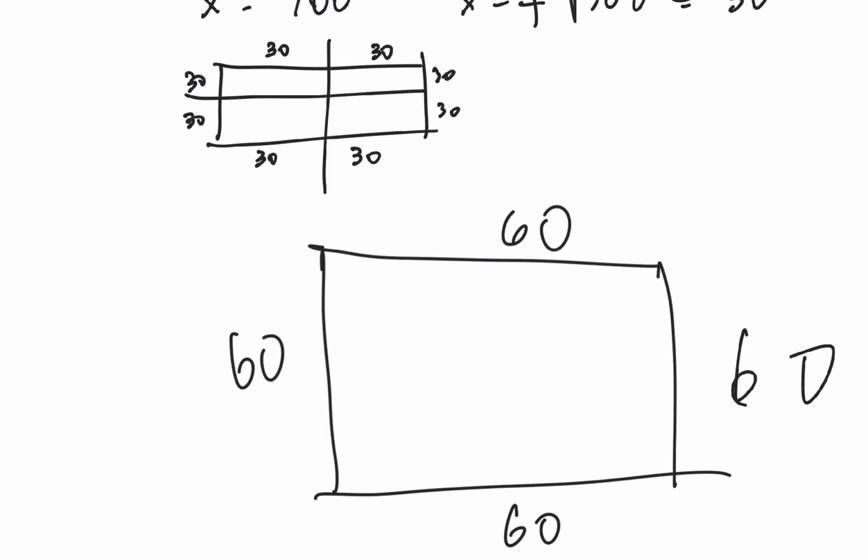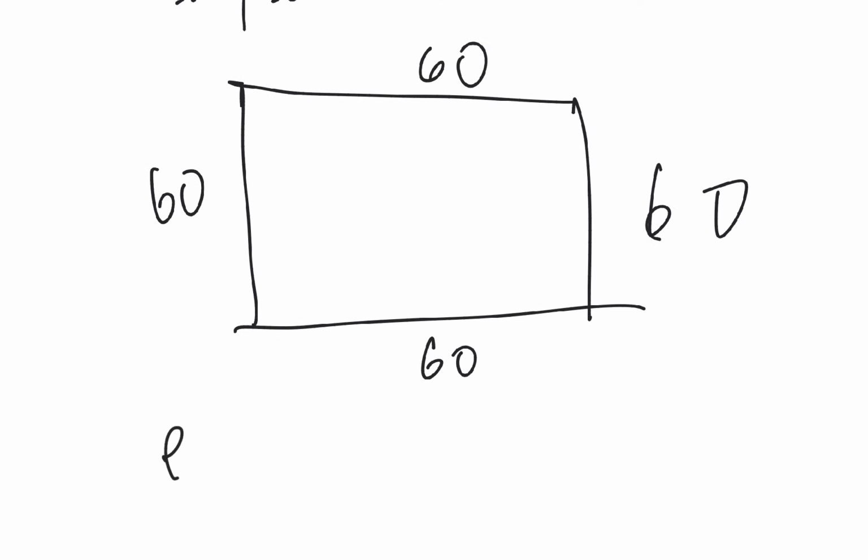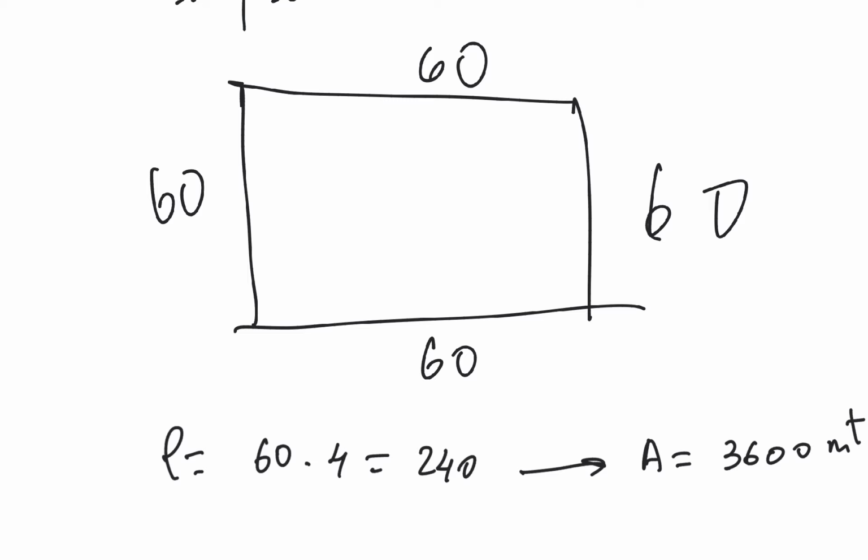So to maximize the area, to minimize the length, you need a length L of 60 times 4, which is 240 meters of fence. With 240 meters of fence, you can get an area of 3,600 square meters.